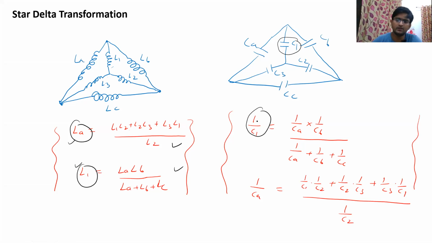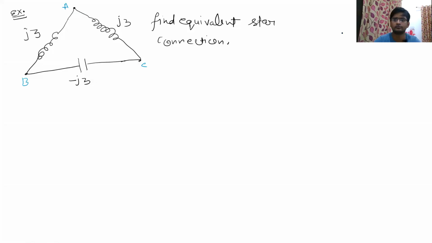Just in case of C1, the formula will be exactly the same. You just have to take the reciprocal of all the elements. So in place of C1, you will be calculating 1 by C1 is equal to 1 by CA into 1 by CB, and like that. So the rest of the formula will remain exactly the same. Only the values will be reciprocated.